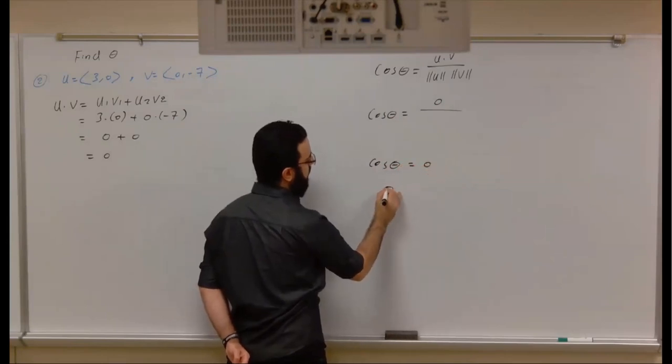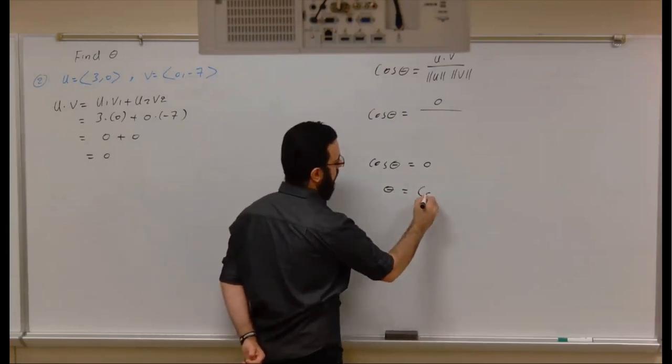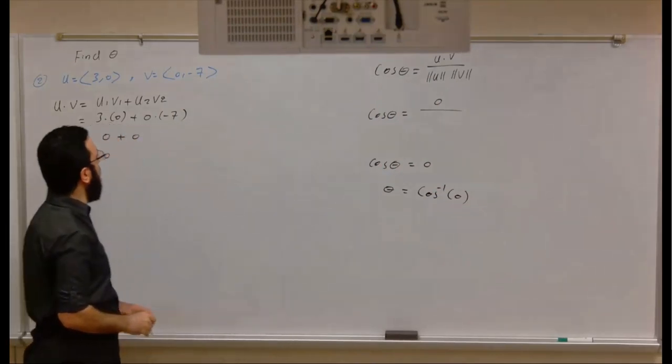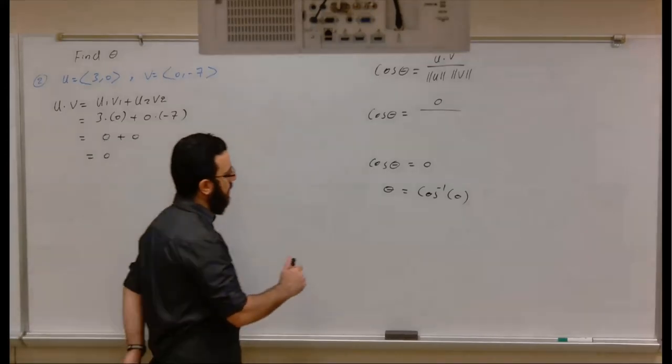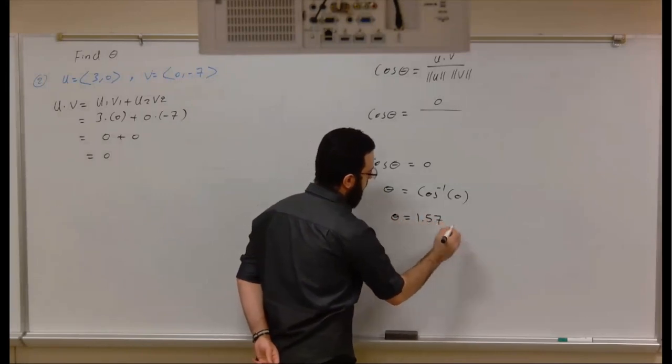So how much is going to be theta? Cosine inverse of 0. The result is going to be theta equals 1.57.